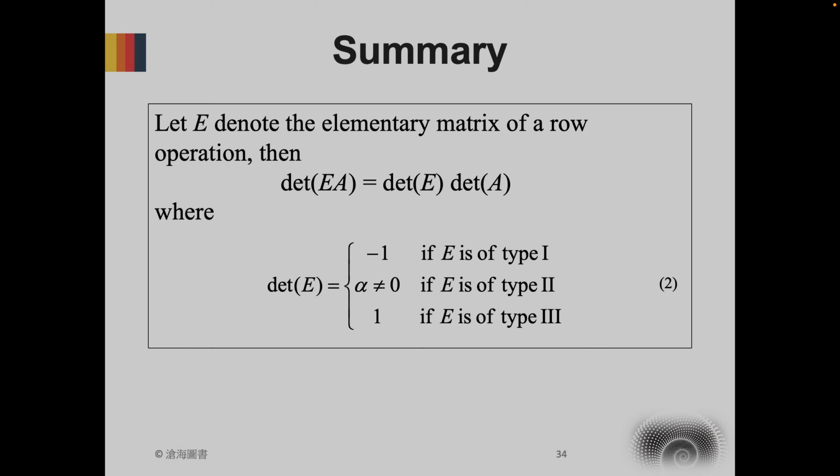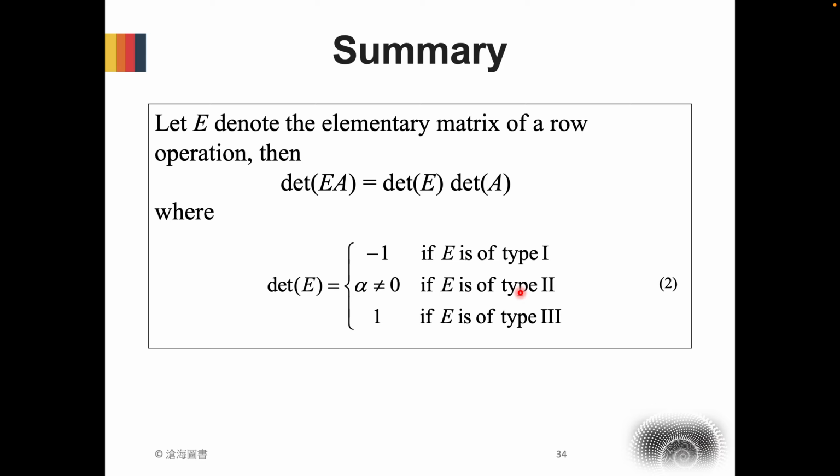So in summary, if E denotes the elementary matrix of a row operation, then the determinant of EA is equal to determinant E times determinant A. If E is of type 1, then determinant E is equal to -1.